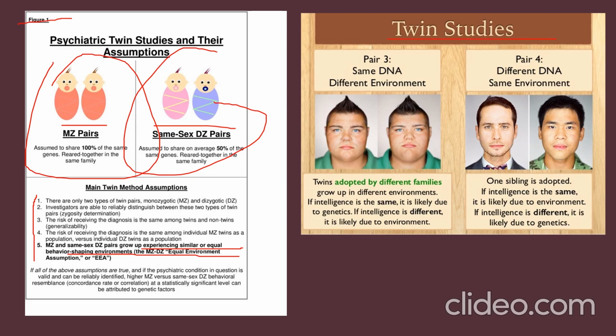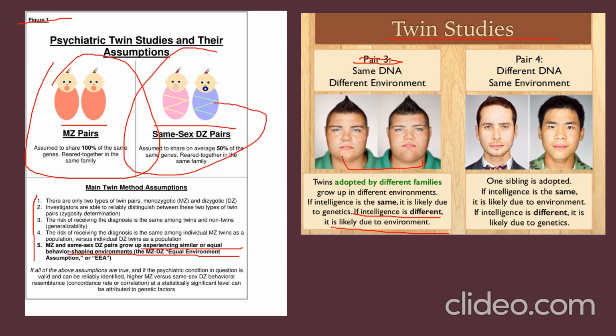Another twin studies, we have pair 3, same DNA, but different environment. So here, no, adoption studies, twins adopted by different families grow up in different environments. Identical sila, monozygotic. If intelligence is the same, it's likely due to genetics. If intelligence is different, it's likely due to environment.